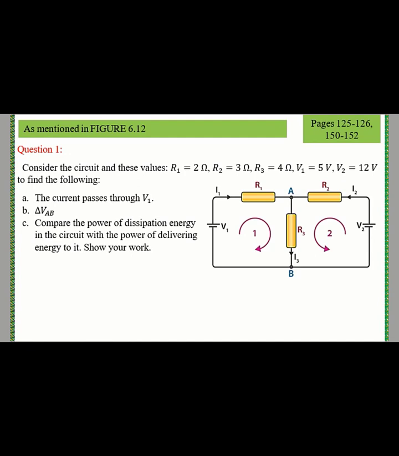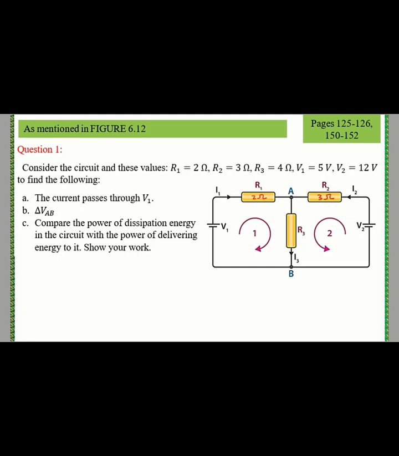Question 1. Consider the circuit and these values R1, R2, R3 and so on to find the following. Let us put the values on the diagram. R1 is 2 ohms, here is 2 ohms. R2 is 3 ohms, 3 ohms here.